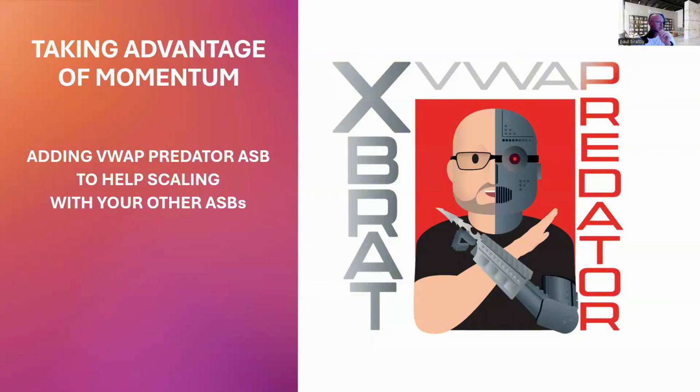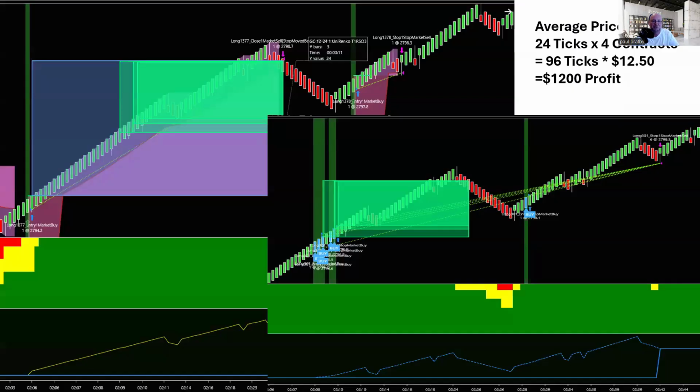So what I've done is I've actually taken some of the examples that I give to the developer, to show him the use of the VWAP Predator. So this is the same moment in time. This chart behind me is a roller coaster.